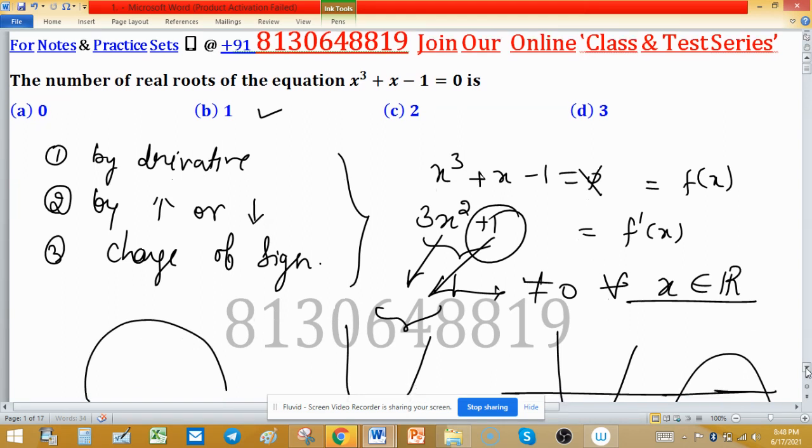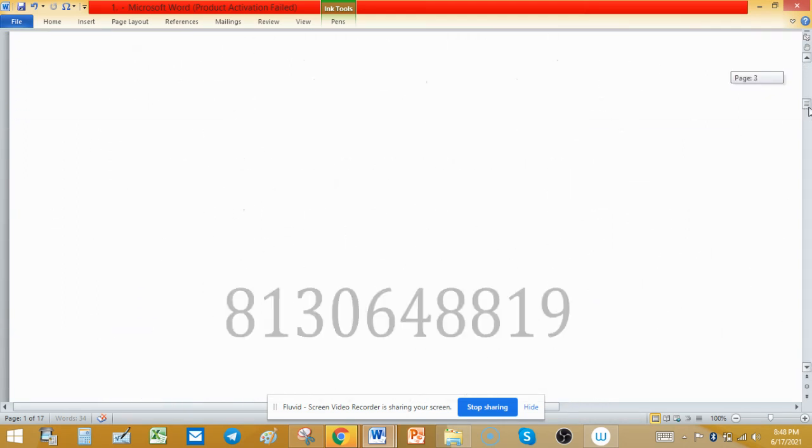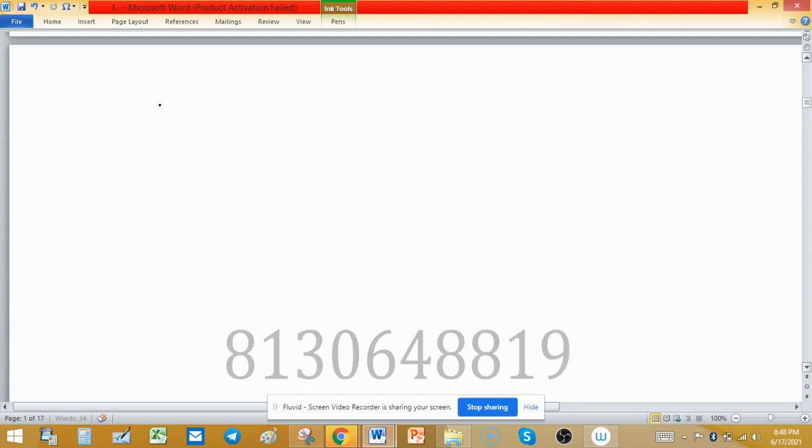Also, you can find the solution of this problem as follows. We have already calculated the function f(x) is given by x cube plus x minus 1. The value of the function at one or two points you can calculate.